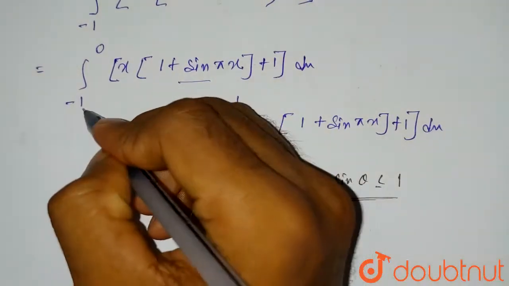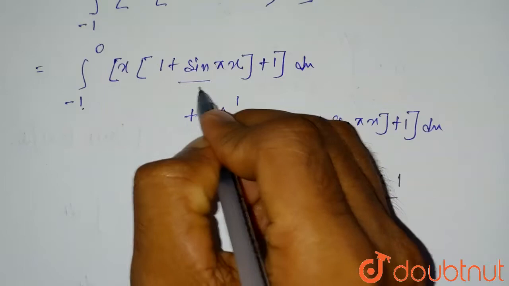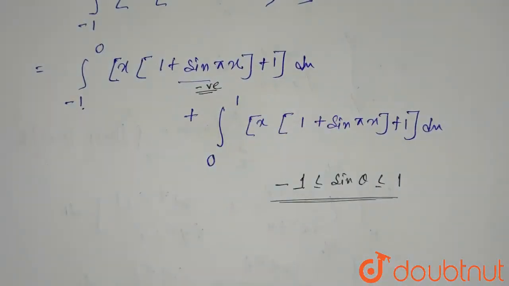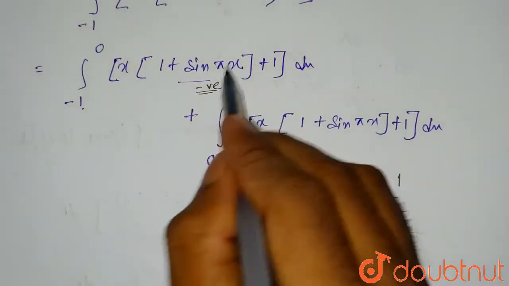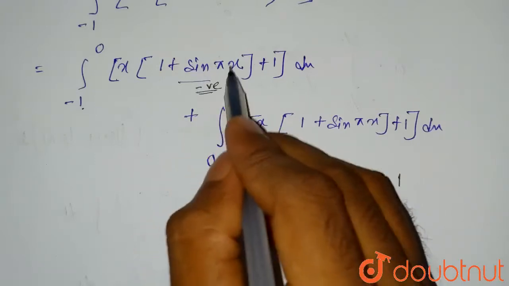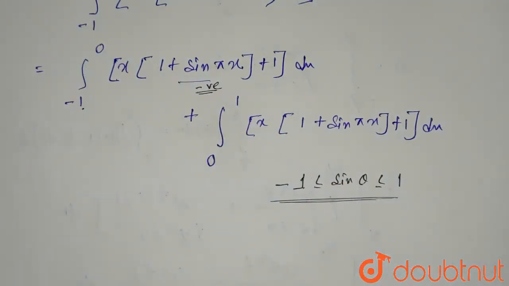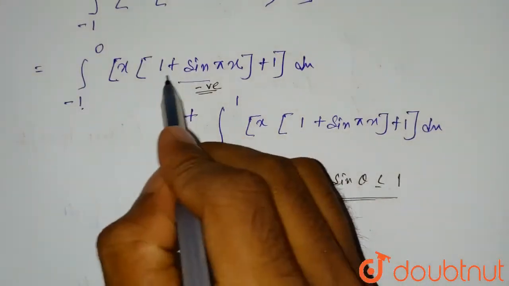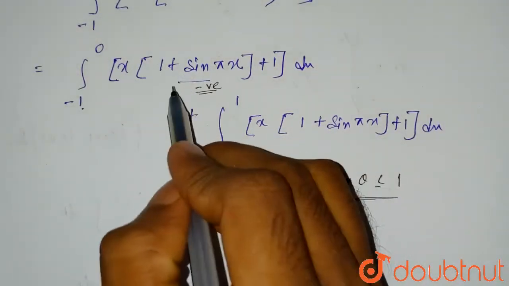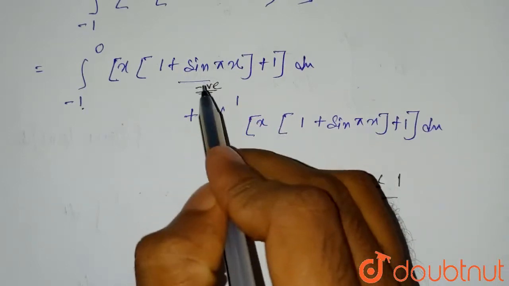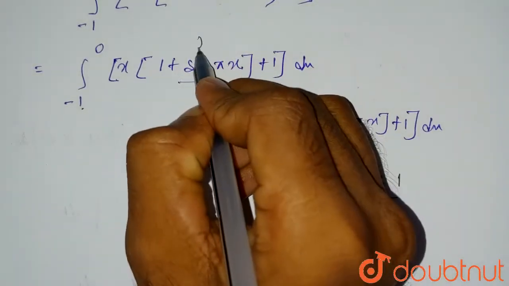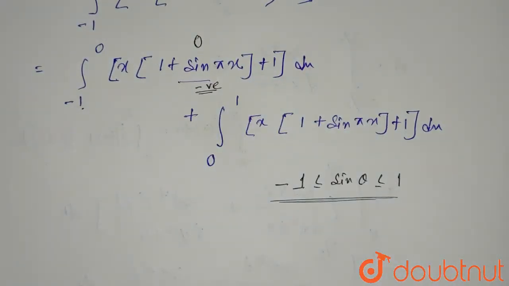If we put the values from -1 to 0, then sin πx will come out negative, that means something less than 0. So 1 plus something less than 0 will be less than 1. That means we will not get 1, it will be 1 minus something, so ultimately the greatest integer value will be 0.